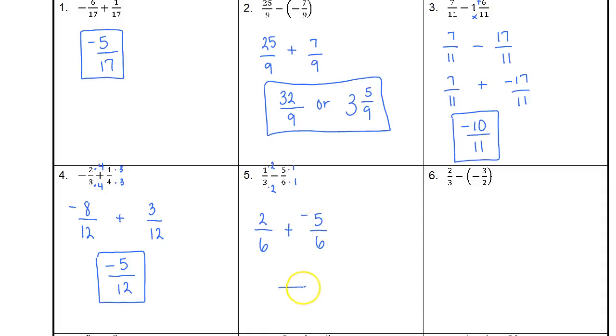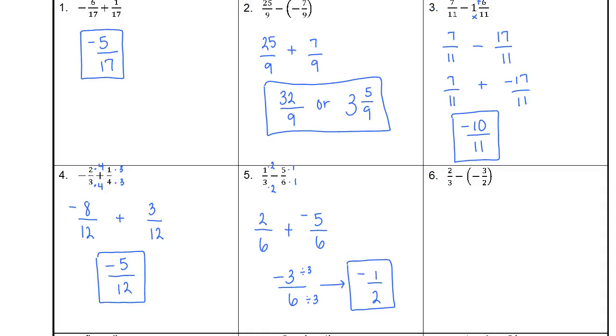Of course, my denominator will be 6, and for my numerator, I have to do the problem 2 plus negative 5. 2 zero pairs and 3 negatives left over, so negative 3 over 6. This is a proper fraction, but not simplest form. So if I divide both my numerator and my denominator by the common factor 3, I can simplify to 1/2. Of course, we can't forget the negative sign.